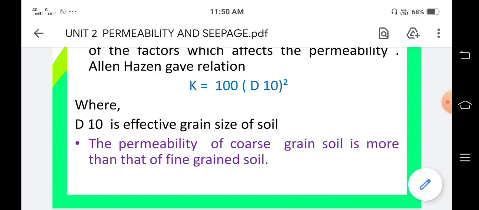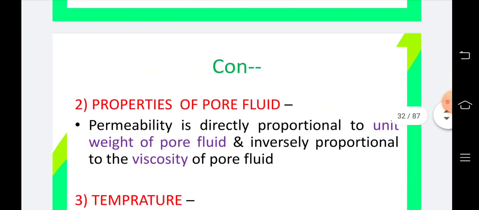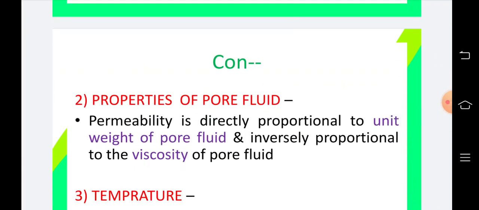That means more water will percolate through sand as compared to clay, because there is a higher void ratio, more gaps in sand, and small gaps in clay. So there will be more permeability for coarse grain soil and less permeability for fine grain soil. There is more capacity for flow of water, and for fine grain soil there is less free flow of water.